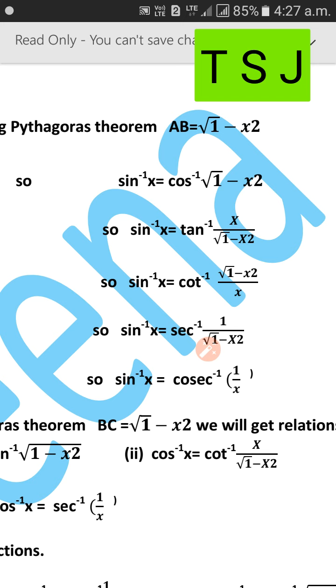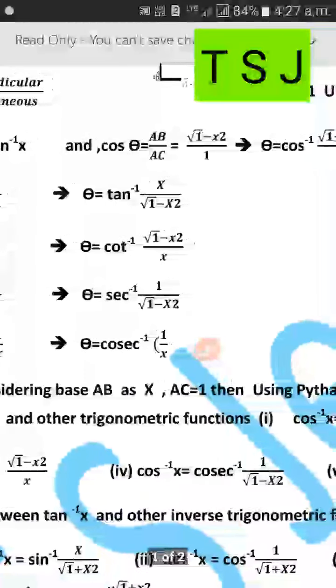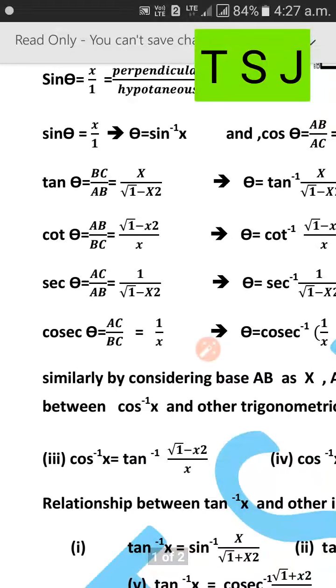Whenever we need to convert sine inverse x into cos inverse, using this formula we can convert it very easily. In a similar manner, we can also write sine inverse in terms of tan inverse. We know that tan theta equals perpendicular BC upon base AB.